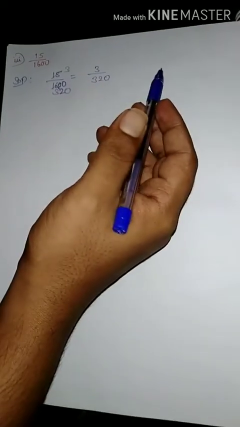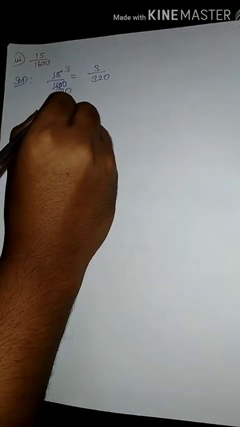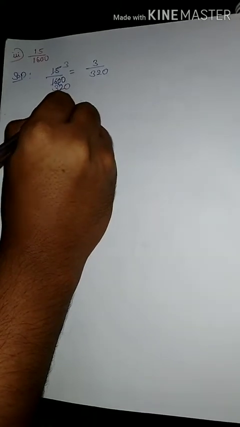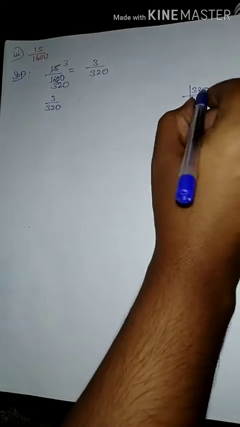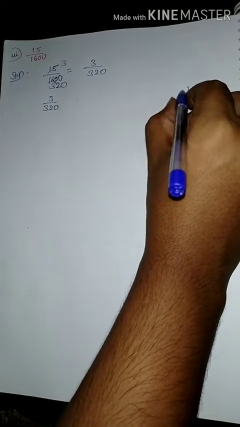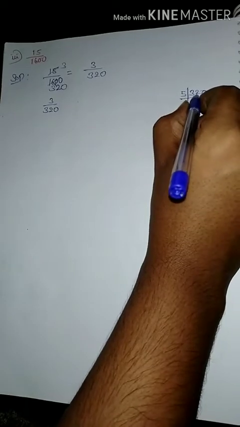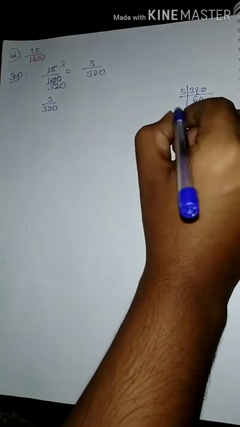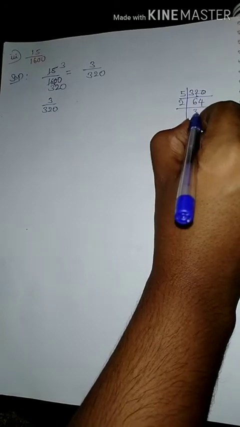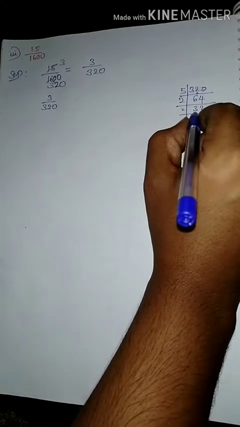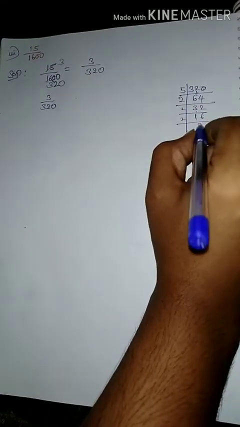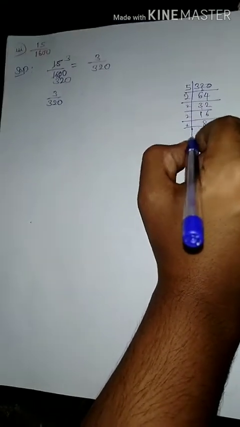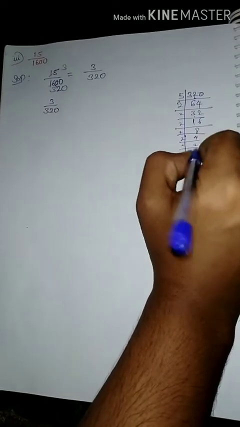Now we have to express this in decimal expansion, means the decimal form. So 3 by 320. The factors of 320 are found by operating with 5. 5 6 is 30, 2 is remainder, 20, 5 4 is 20. 2, 2 3 is 6, 2 2 is 4, 2 1 is 2, and so on.